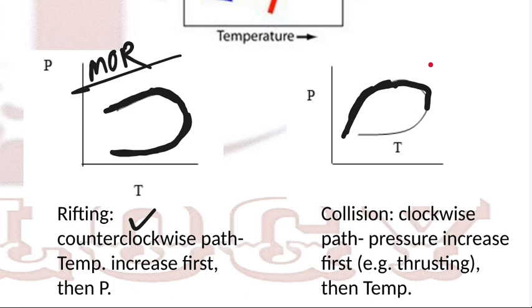But after the locking, where the plate is locked, and if the accretionary prism fails, the pressure decreases. So pressure decreases, but not to a significant extent.